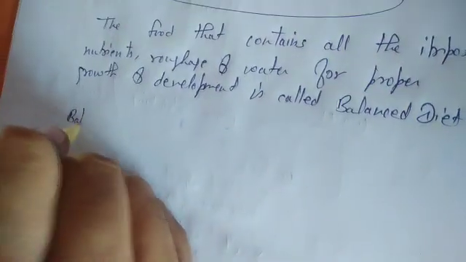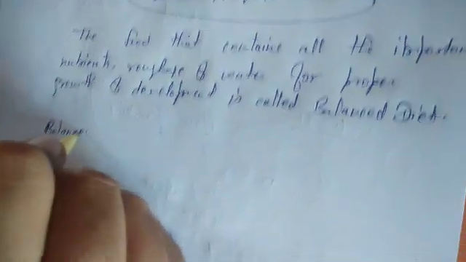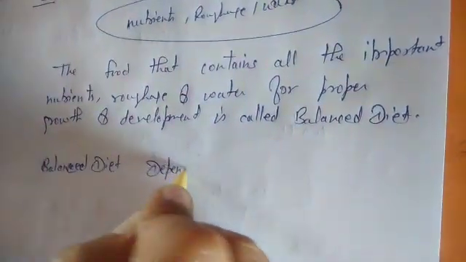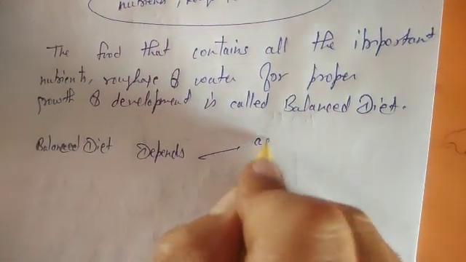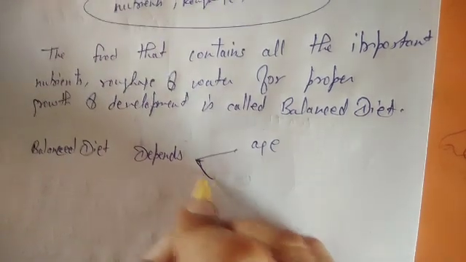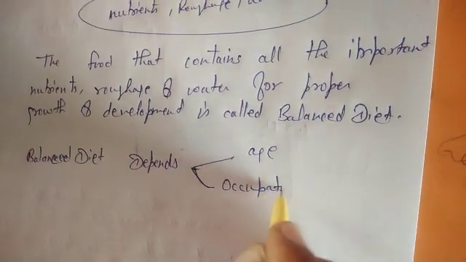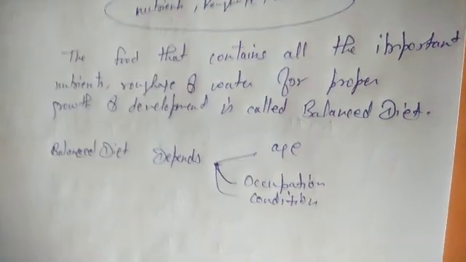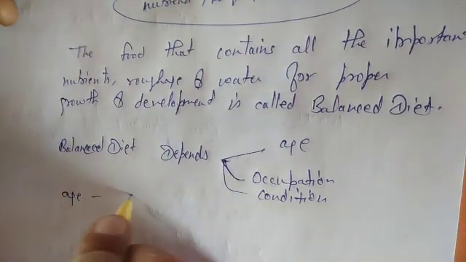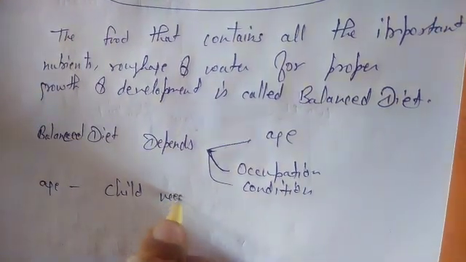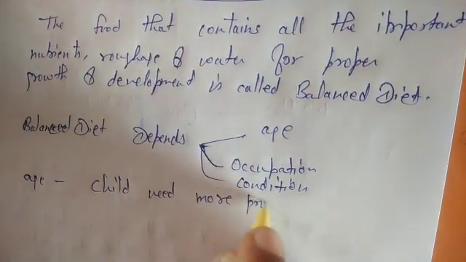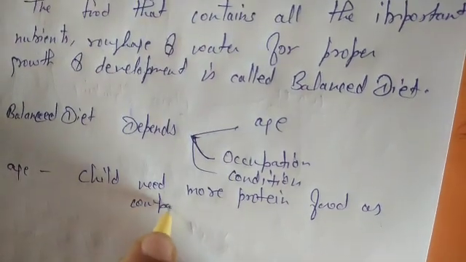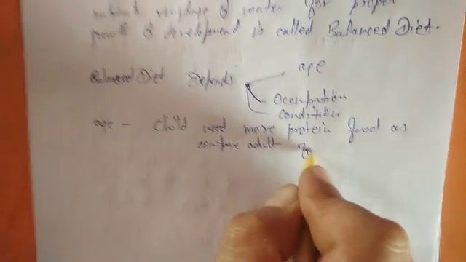A balanced diet depends on many factors, like age, occupation, and conditions, which are sometimes responsible for changing the balanced diet. Like age: a child needs more protein food as compared to an adult, for growth.